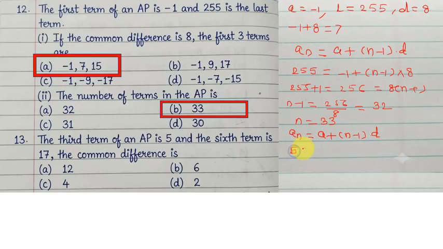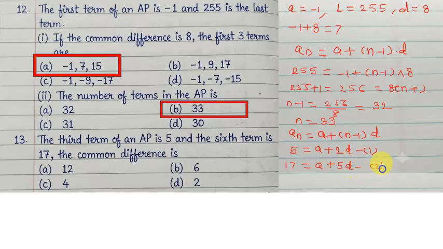Therefore 5 is equal to a plus 2d. This is the first equation. The next is the sixth term, which is 17. So 17 is equal to a plus 5d.